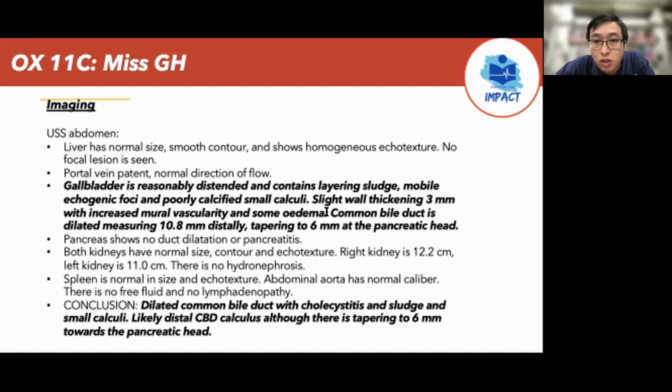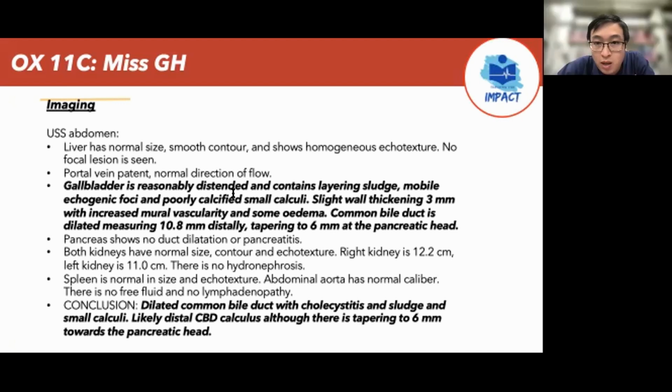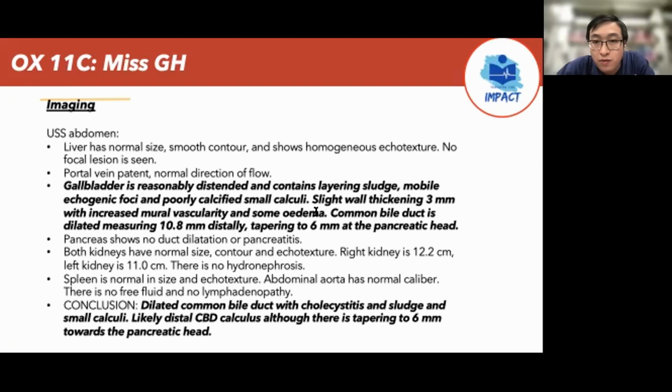But it goes on to say that there's slight wall thickening with increased mural vascularity and some edema. So this actually radiologically confirms acute cholecystitis, and we can be more specific. It confirms acute calculous cholecystitis that's caused by the gallstones. So we have cholecystolithiasis, we have acute calculous cholecystitis, so an inflamed gallbladder.